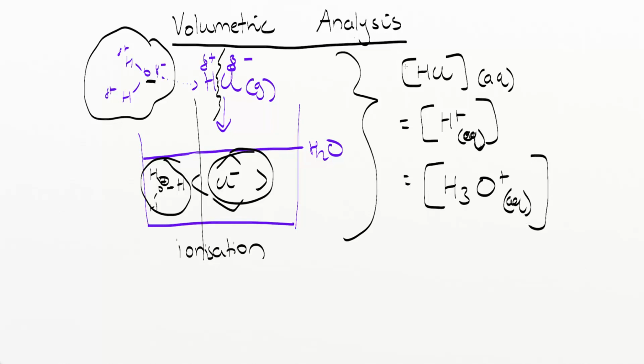So if I have a strong acid, the concentration of the strong acid is equal to the concentration of H plus ions, because every molecule of the strong acid ionizes to form an H plus ion, and then the H plus ions immediately react with water to form H3O plus ions, and these are known as the hydronium ions, like this.